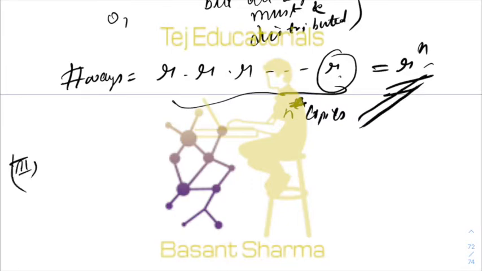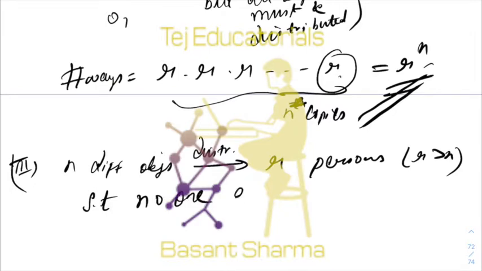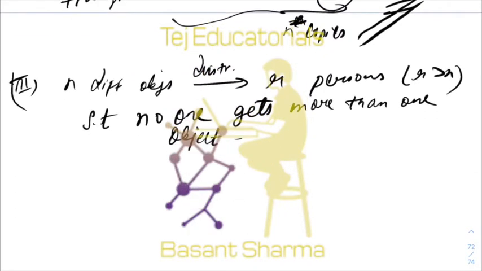Third point, suppose you have n different objects and you want to distribute them among R persons, R is greater than n, such that no one gets more than one object. So again, this is pretty simple.